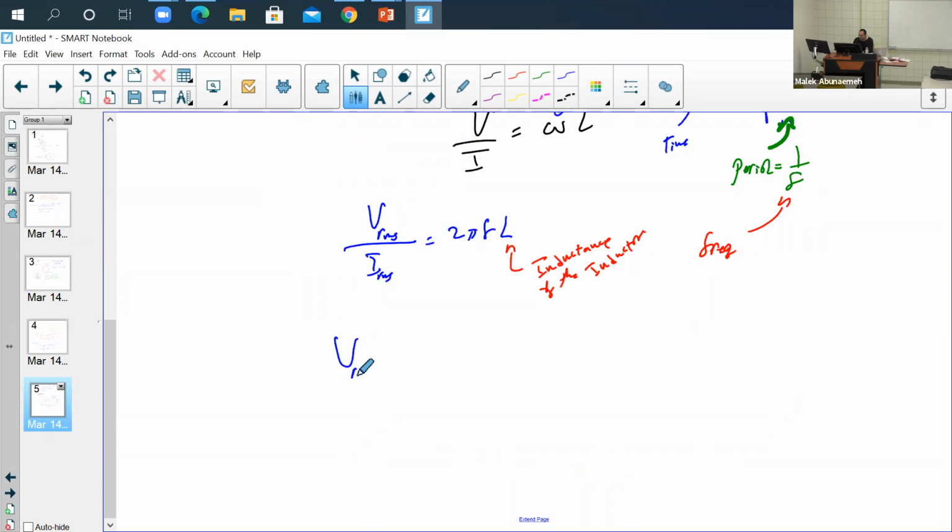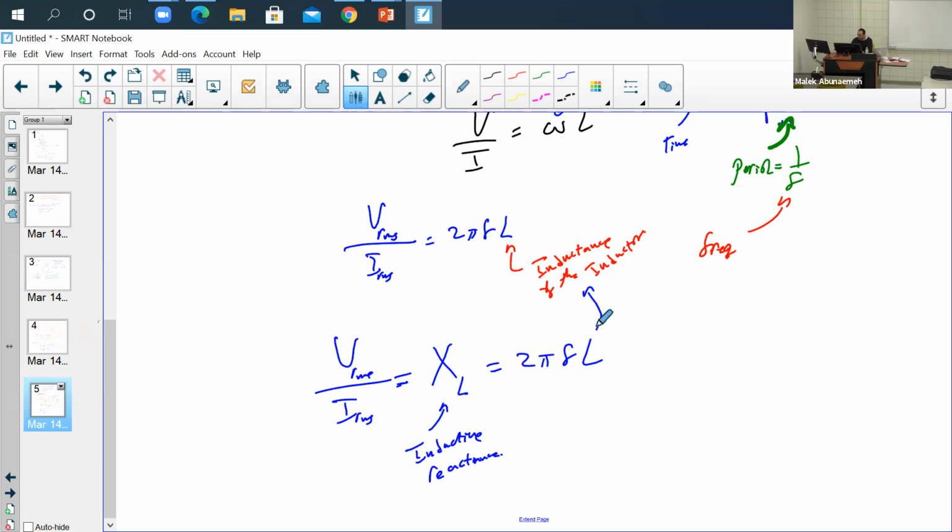So we can actually find this: your root mean square voltage over I RMS is going to equal, now instead of your capacitive reactance, it's going to be XL, which is going to be your inductive reactance, which is going to equal 2 pi f L. Again, L is the inductance of the inductor.